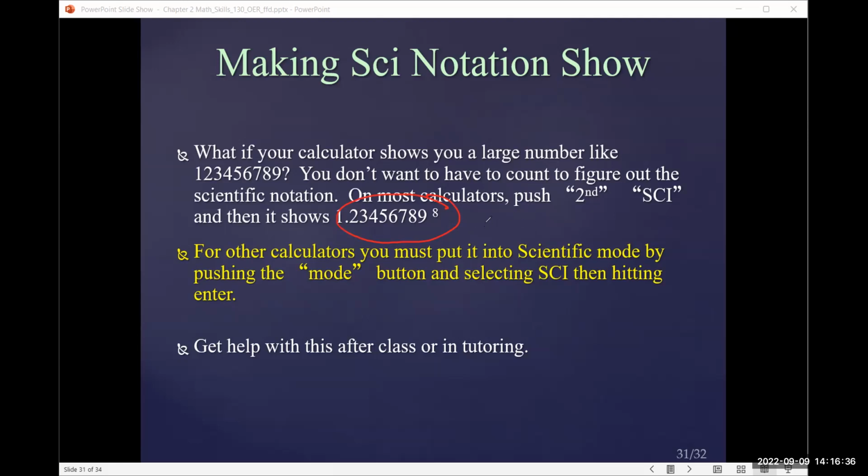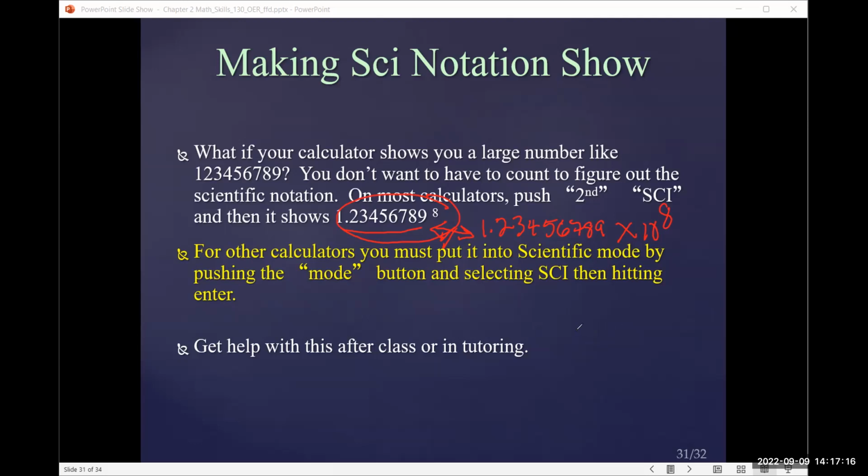This would have to be written in scientific notation format, as 1.2345 and so on times 10 to the 8. Mathematically, these two numbers are not the same. If you present that number, what it means is 1.234578 multiplied by itself 8 times, which is not the number we're looking at.